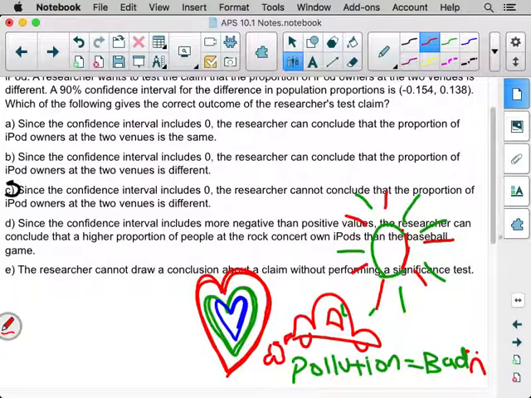I should write it on my calendar, because then I'll remember.